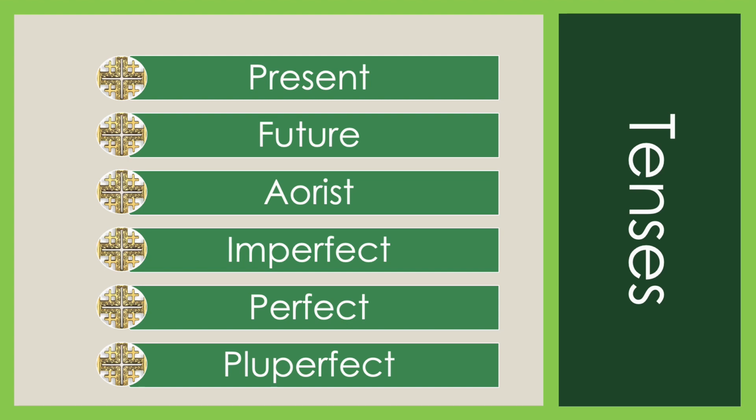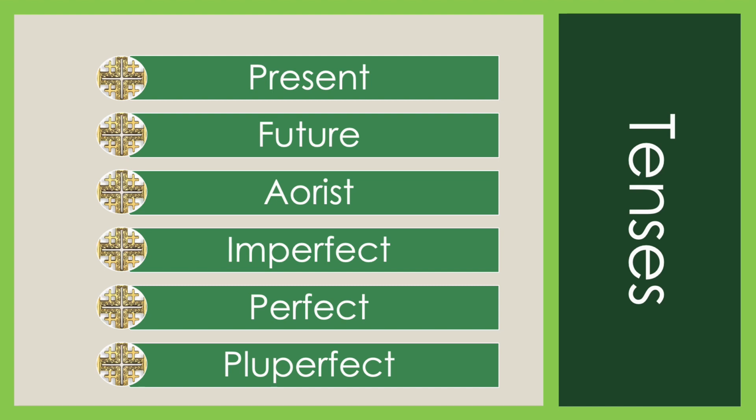The present tense is acting now. The future tense will act. It's yet to happen. The aorist is normally used as a past tense for something that happened once in the past. It is also used sometimes for a one-off act in the present tense.